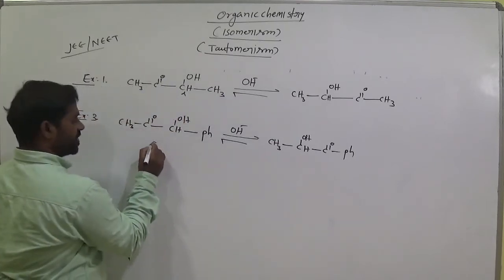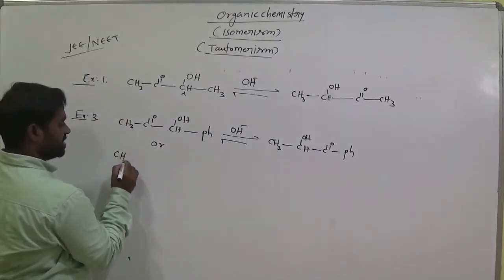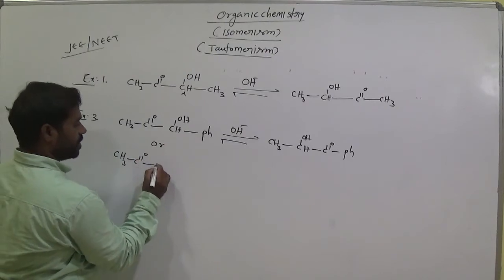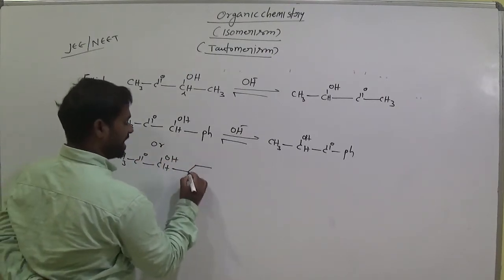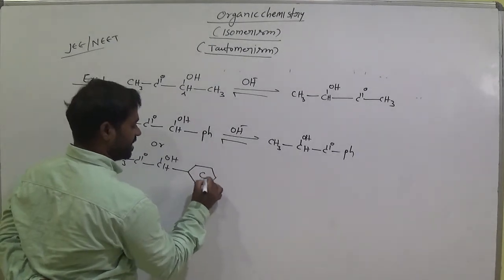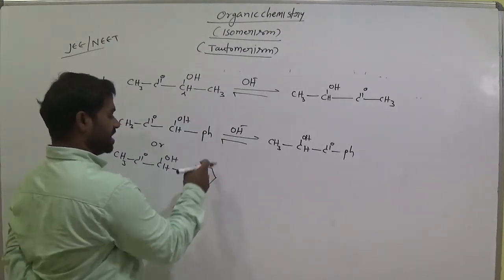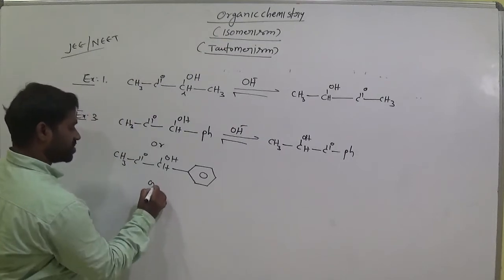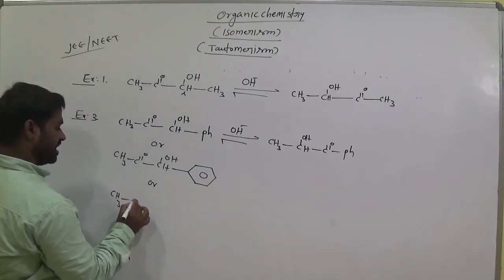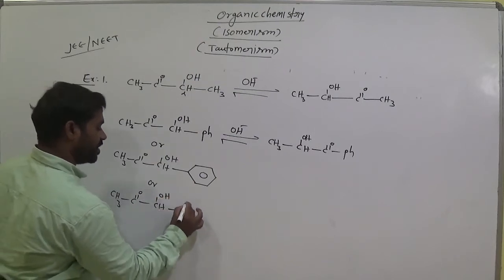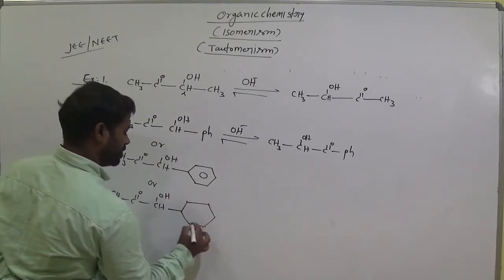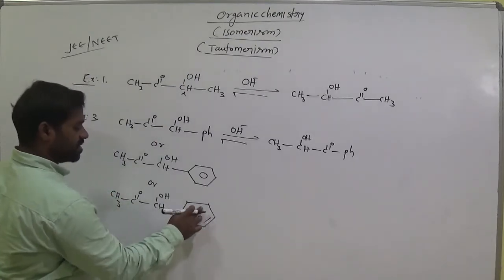We can also represent this structure as CH3 bond C double bond O, CHOH, Ph. Ph means phenyl ring, that is benzene ring. We can also write this CH3 C double bond O, CHOH bond, with alternate double bonds possible here.